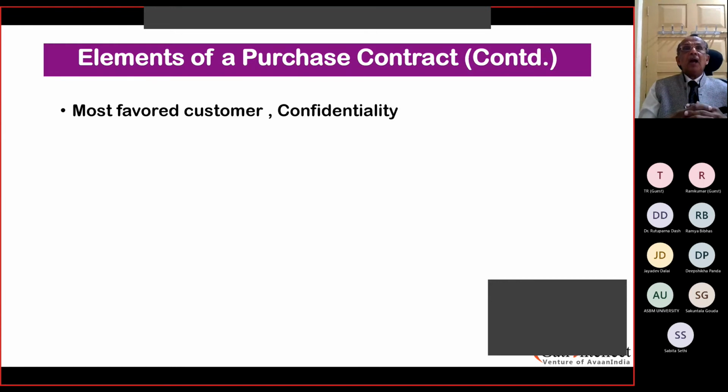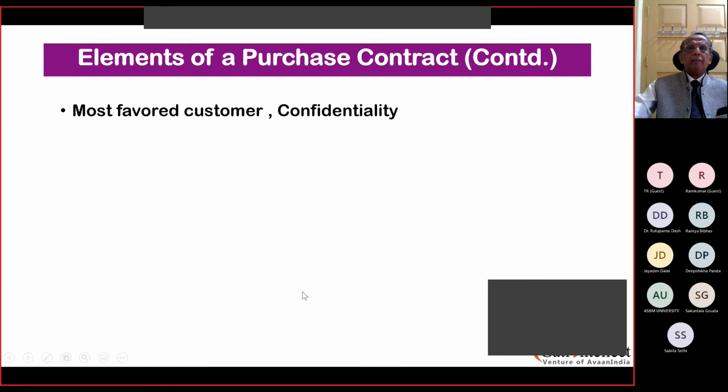Such people are the most favored customers of the country, and this is incorporated in contracts of other companies as well. Suppose air conditioners have to be bought. The company contracting for air conditioners will put in that they have to buy the local product like Al-Zamil, which is manufactured in Saudi Arabia. So likewise, this is called the most favored customer.